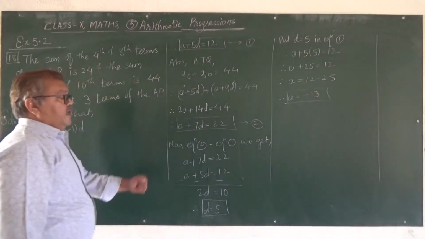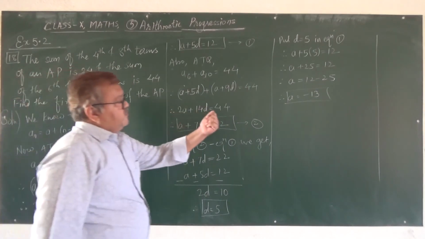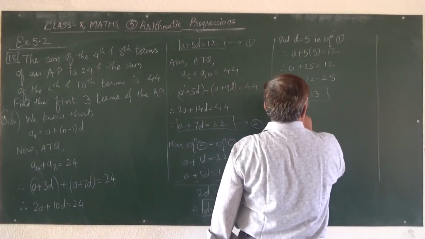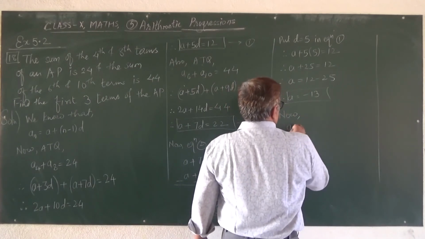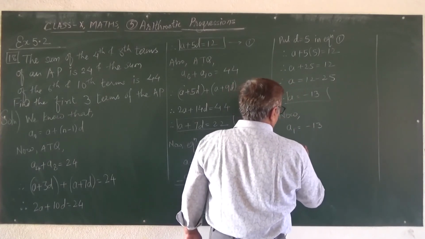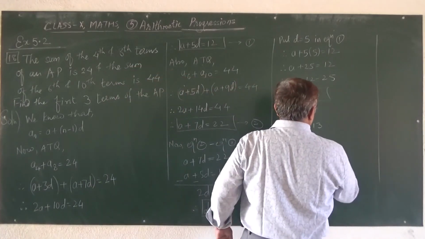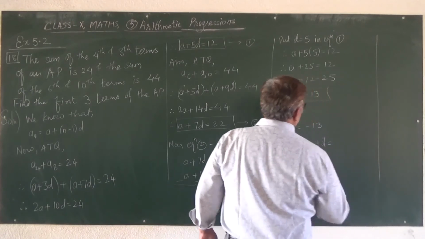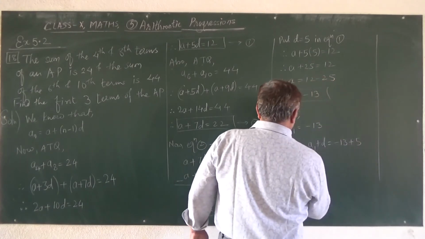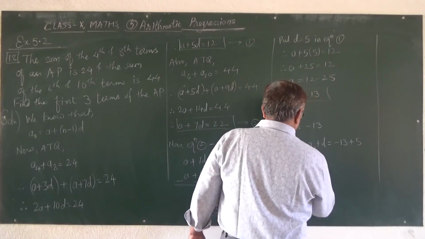Now you have calculated a and d. You want to find the first 3 terms of the AP. a is the first term, so a1 is equal to minus 13. Now you want to calculate a2, the second term. a2 is a1 plus d. a1 is minus 13 and d is 5, so a2 is minus 13 plus 5, which is minus 8.